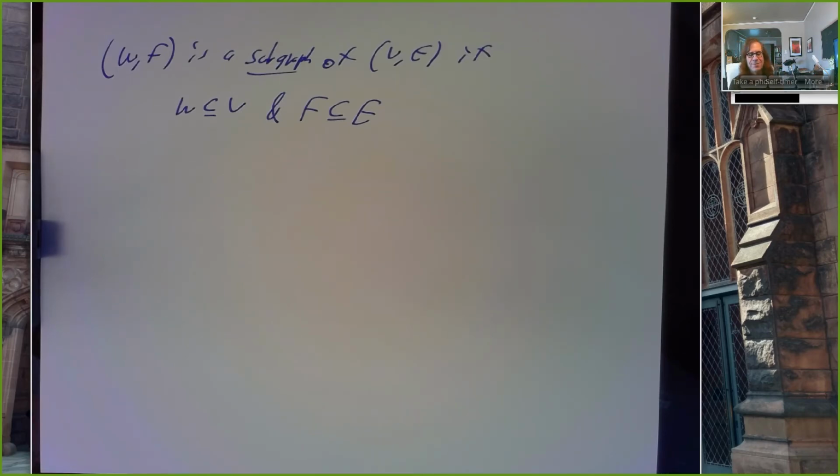Alright, so subgraph, you basically just take some collection of vertices and edges. You have to still end up with a graph. You can't have an edge that connects a vertex that you didn't put in your subset W. But kind of the obvious way.